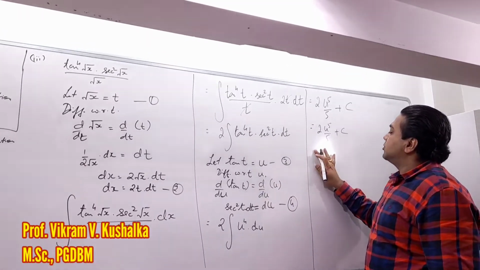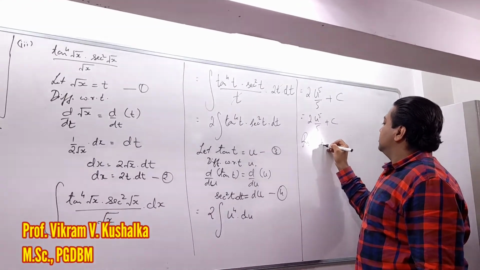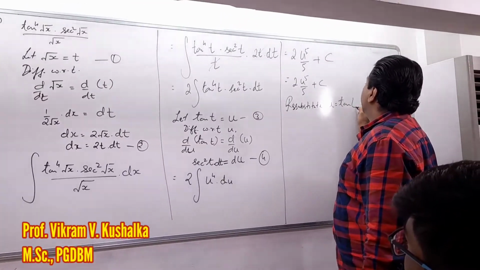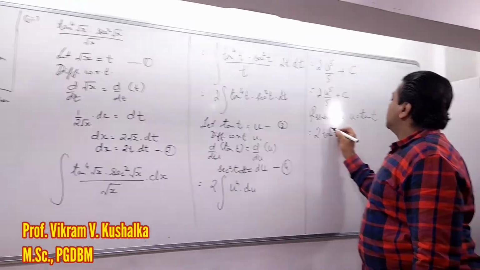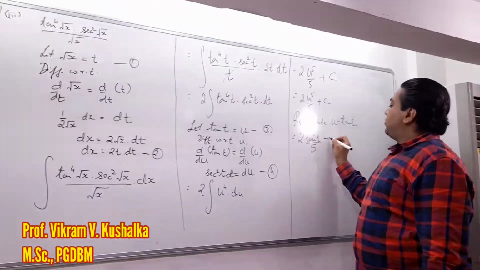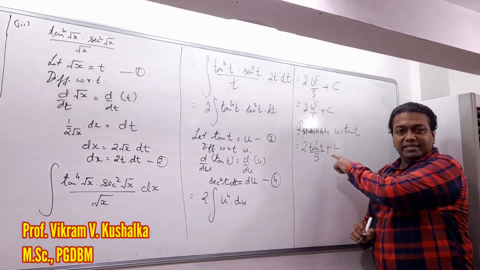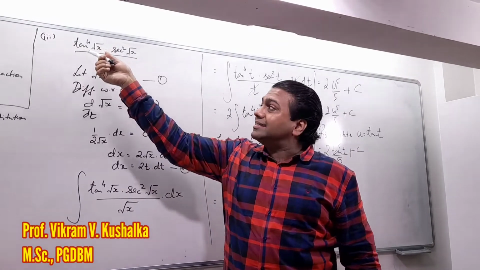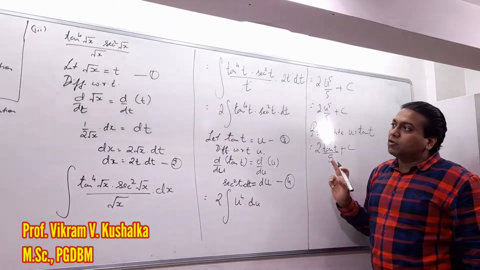Now I will resubstitute here: u is equal to tan t. I get 2 tan to the power of 5t upon 5 plus c. But I had taken t into consideration while starting this integrand; I had taken x originally. So definitely I have to resubstitute for t as well. What was my t?